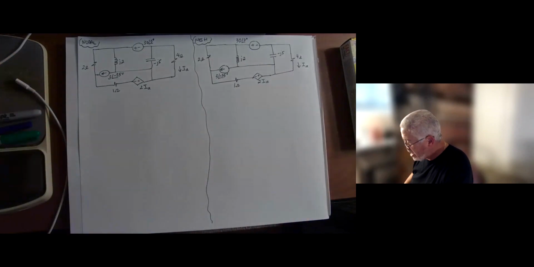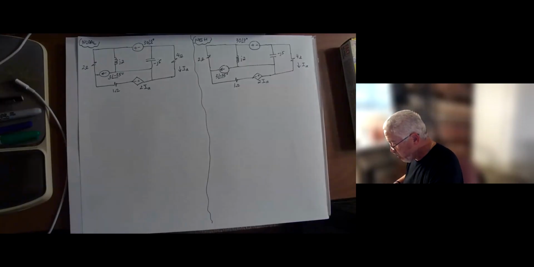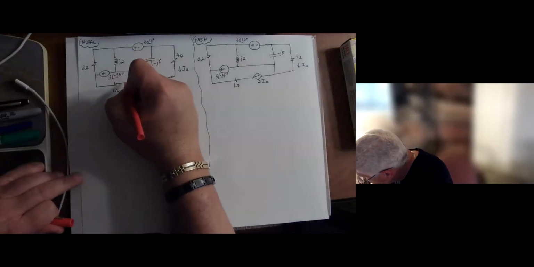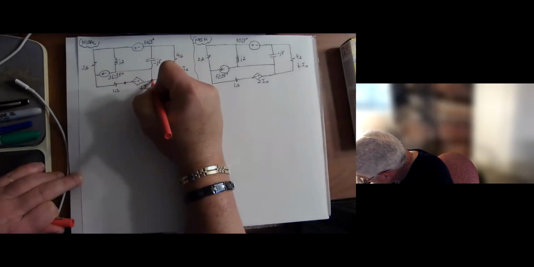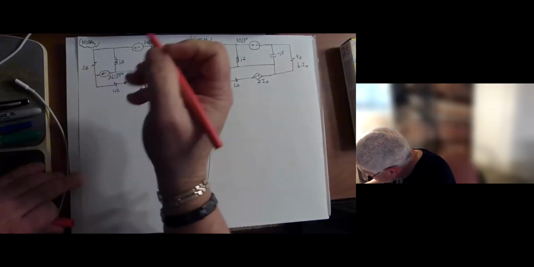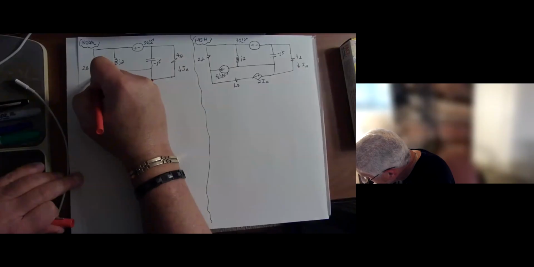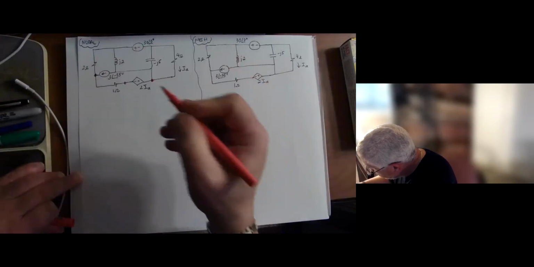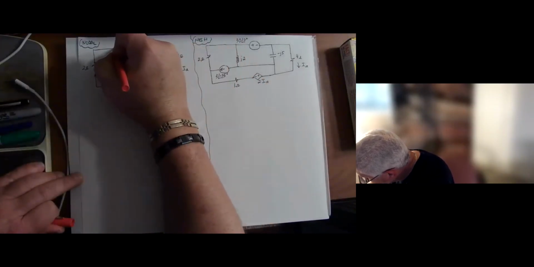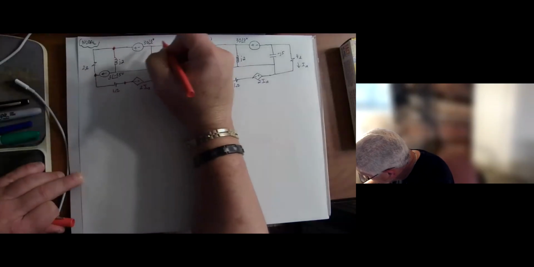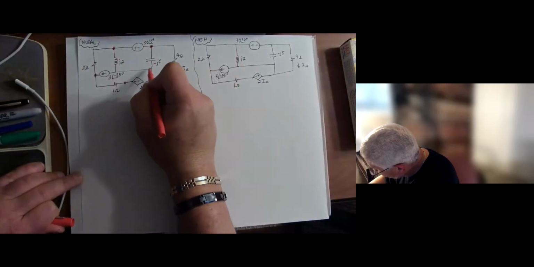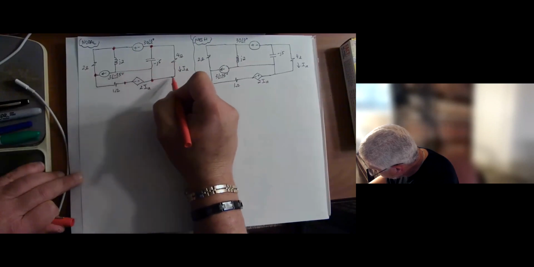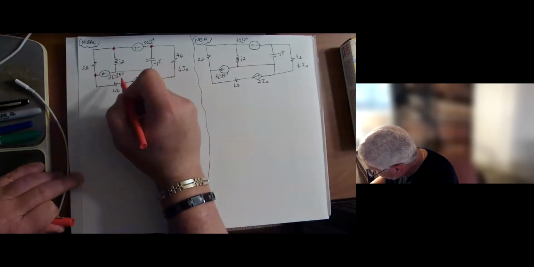So what is the first thing we do when we solve a nodal problem? We first find the nodes. Okay, I'm going to make them nice and small so that they don't overwhelm the circuit. I'm already having space issues here. And of course, that node here is a pretty spread out node, right? That node here is too, so I'm putting a nice dot, but you get the point.